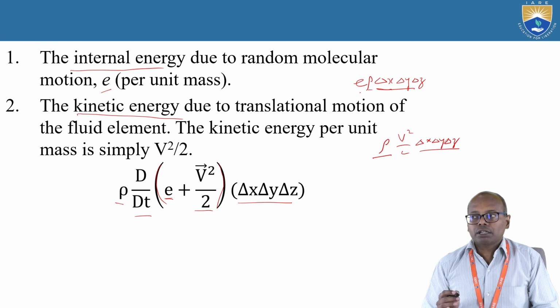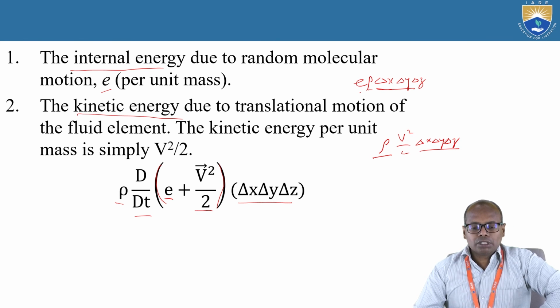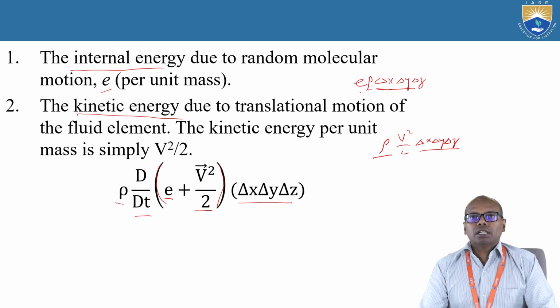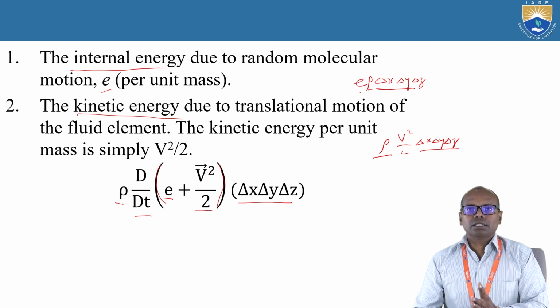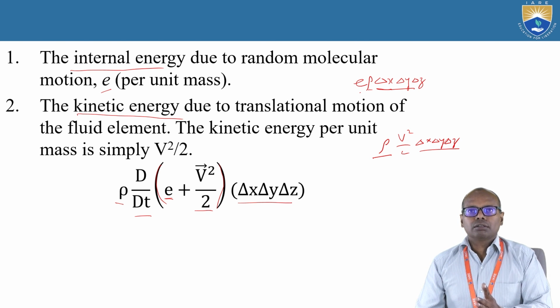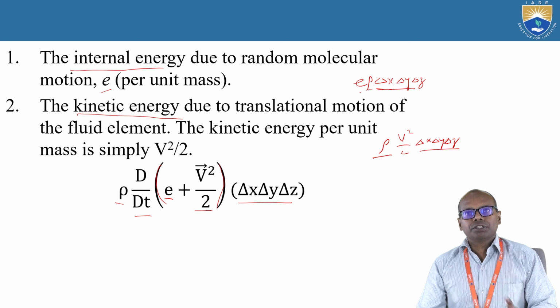So we see the change in internal energy of the element plus the changing kinetic energy of the element will give the time rate of change of total energy of the element.